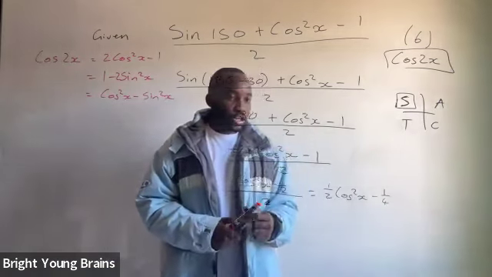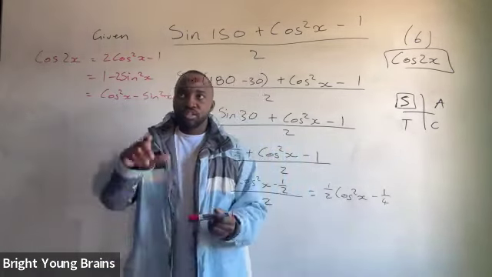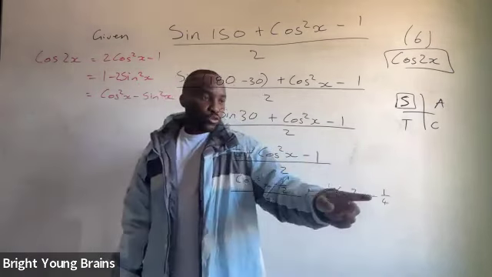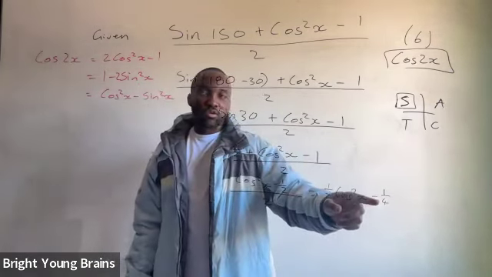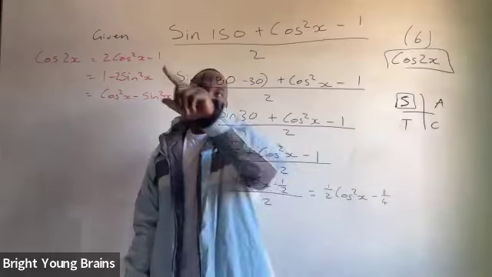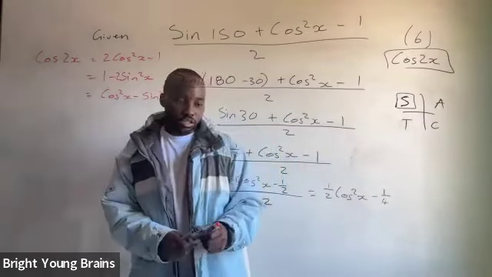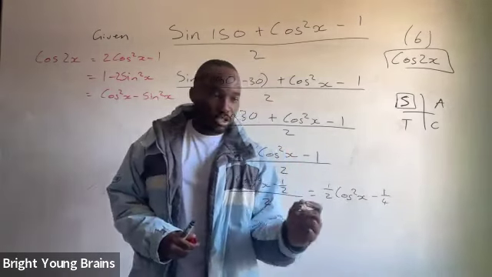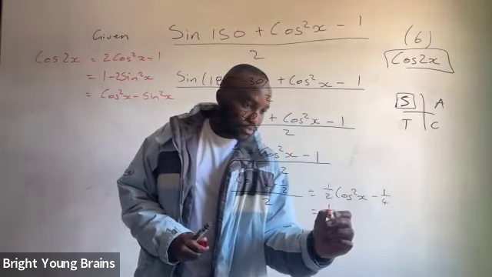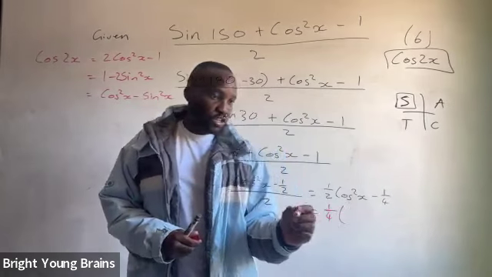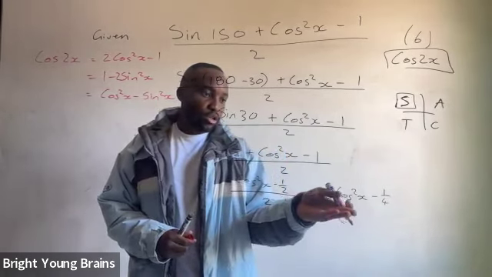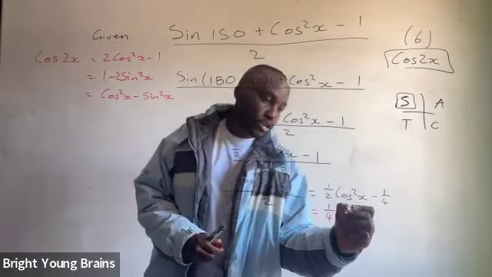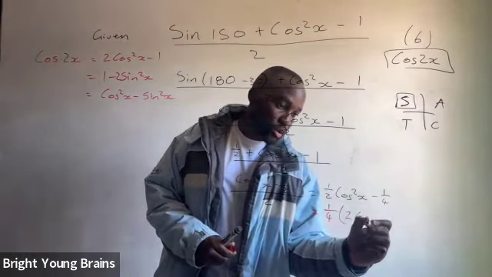So all you're going to ask yourself is, okay, fine, let's use the first one. For you to end up with a negative 1 over here, you can just take out a quarter as a common factor. If you take out a quarter as a common factor, you can ask yourself, a quarter multiplied by what gives you a half? A quarter multiplied by 2 is what will give you a half.